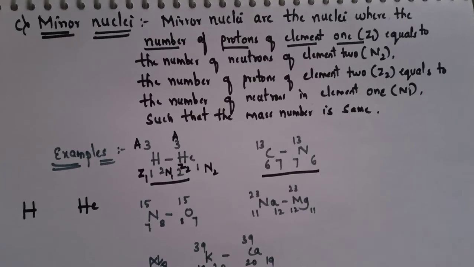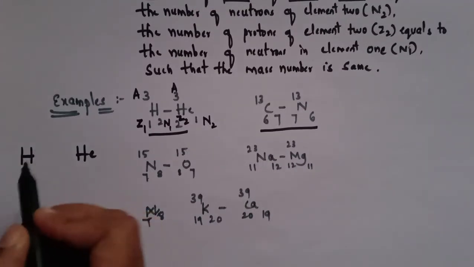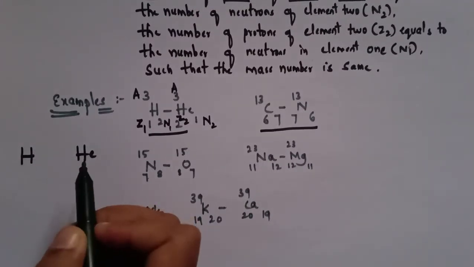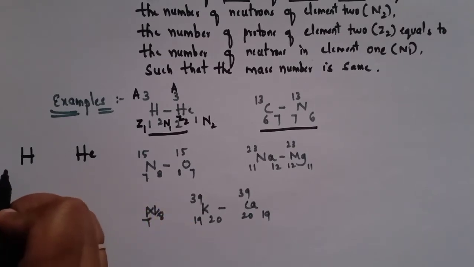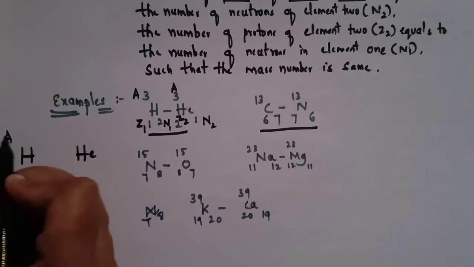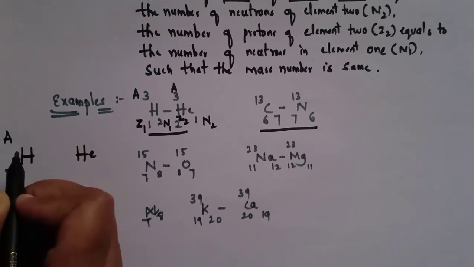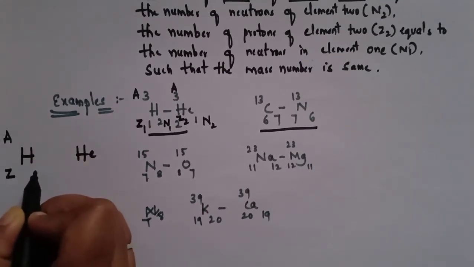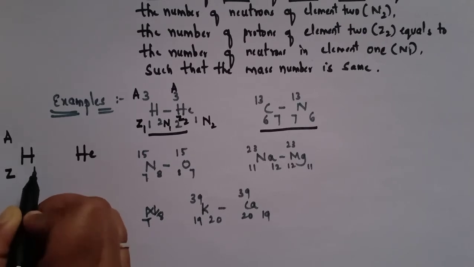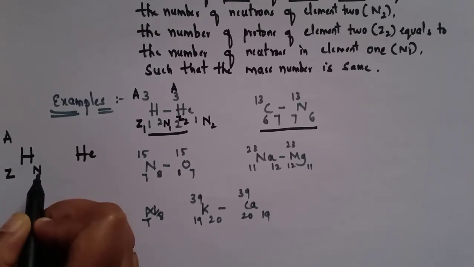In the mirror nuclei, we have to consider the neighboring chemical elements. Let's consider hydrogen and helium as an example. Here, Z is the atomic number, A is the atomic mass, and on the right subscript we will write the neutron number.